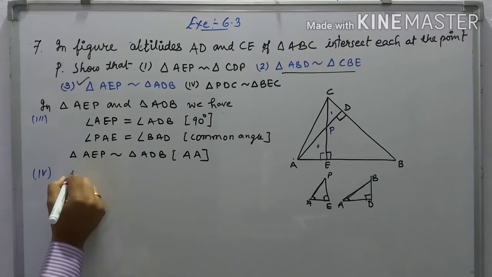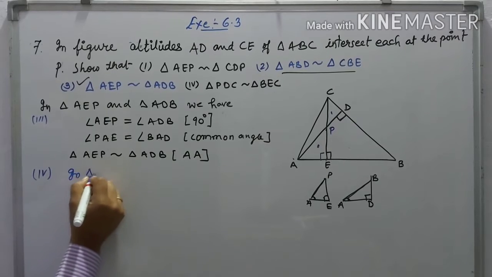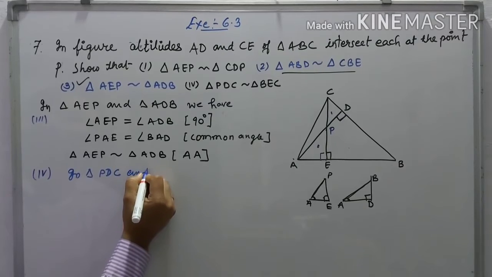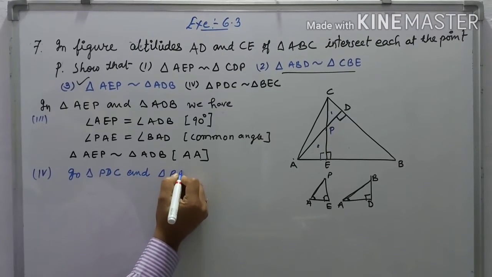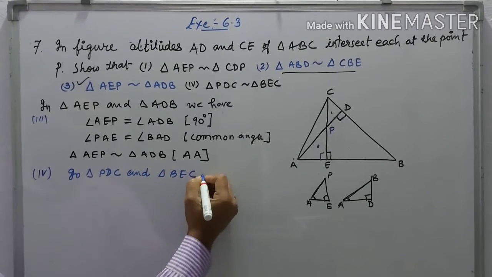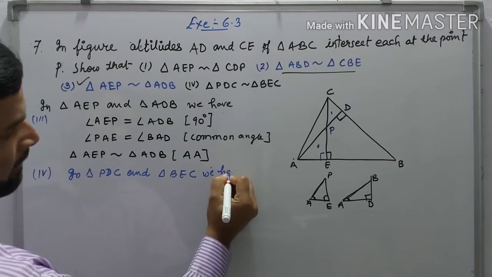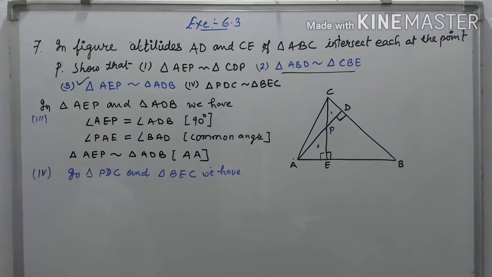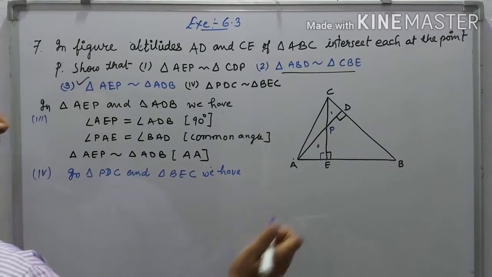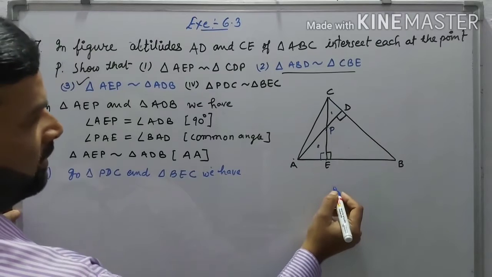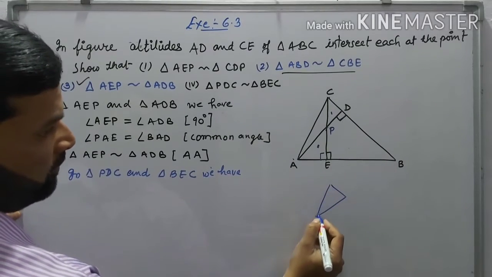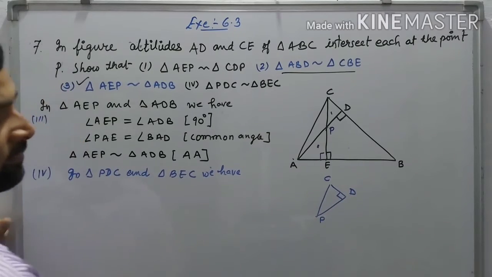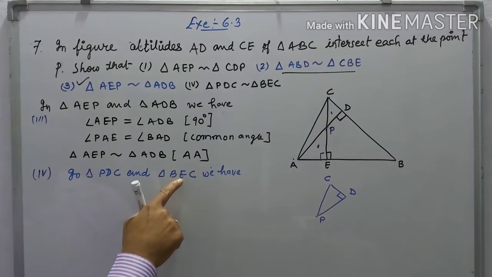Fourth is given in triangle PDC and triangle BEC. So first we draw PDC. PDC is this type of triangle, with the 90 degree angle at D, and C and P. Okay, second BEC.